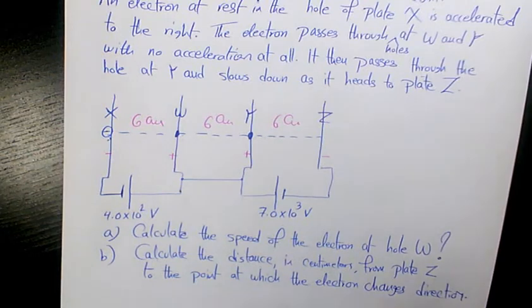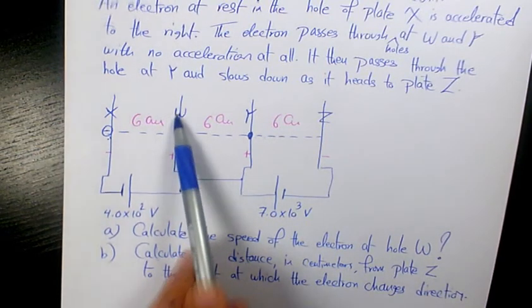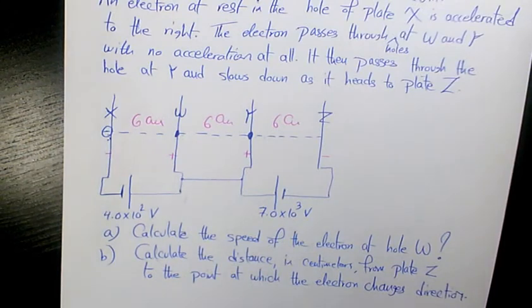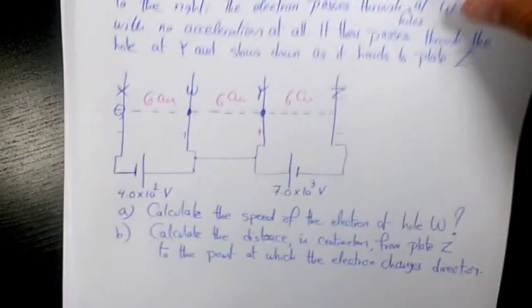Alright, so let's find out how much the velocity is going to be at point W. In order to find that, we need to find the acceleration first.